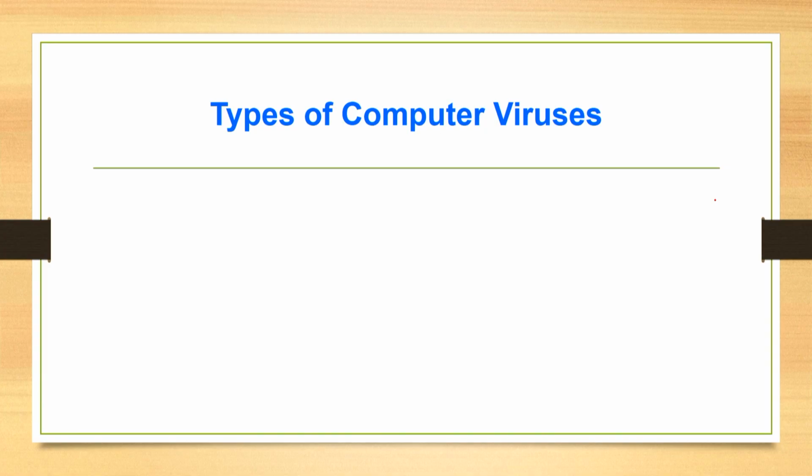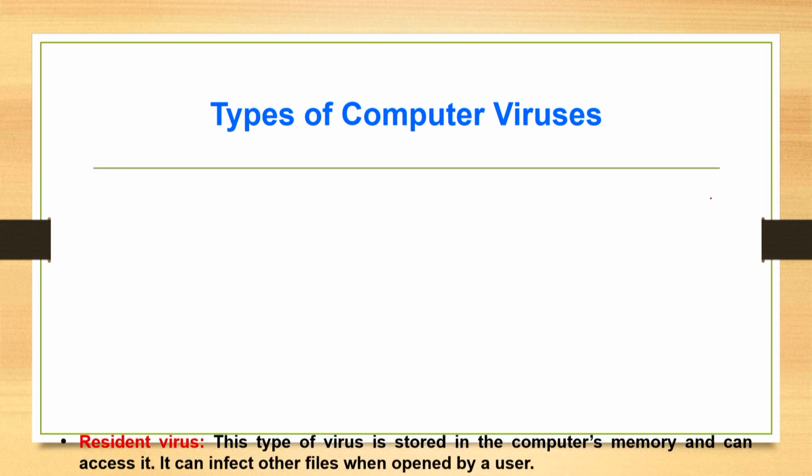So, the removal of these viruses should be done. And before dealing with them, we should know how many types of viruses exist. There are different types of computer viruses.